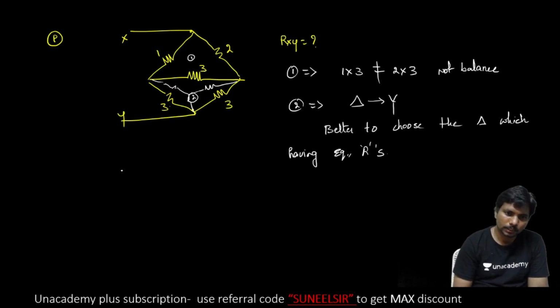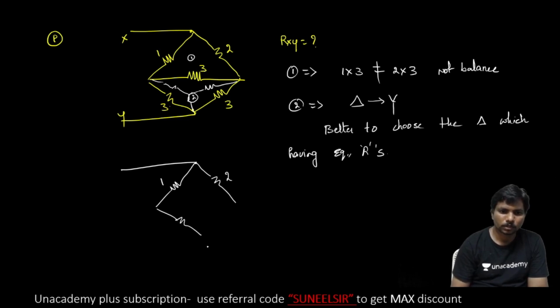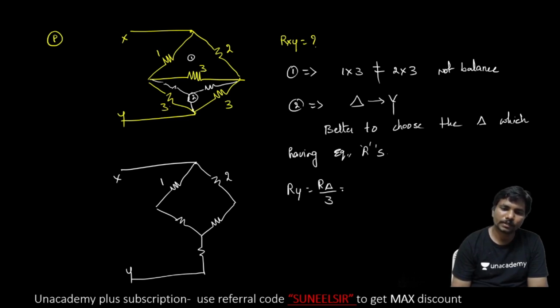So let us take that one. One ohm, 2 ohm, and here we have this star, with X and Y. We know very well R star is equal to R delta by 3 when the resistors are equal.